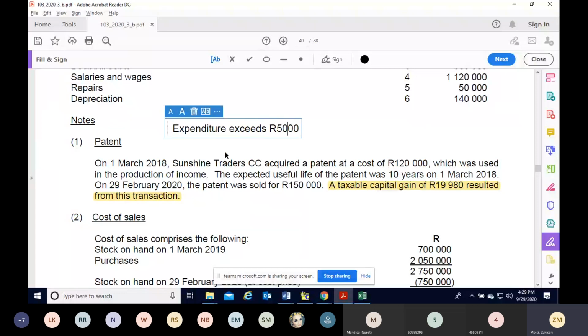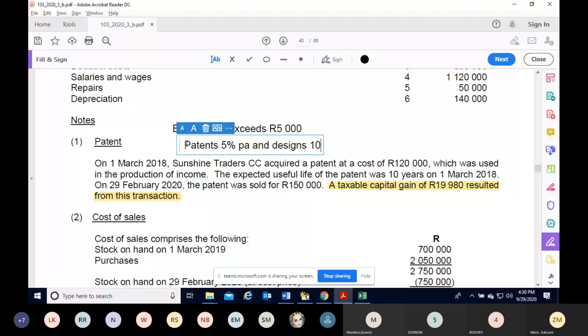That's the first thing that we look at. Otherwise, if the expenditure was less than 5,000, we would claim the full 5,000 in the first year that the asset is brought into use. Second, for patents you claim 5% per annum, and only for designs can you claim 10%. So it's patents and copyrights. Please take note of that summary.